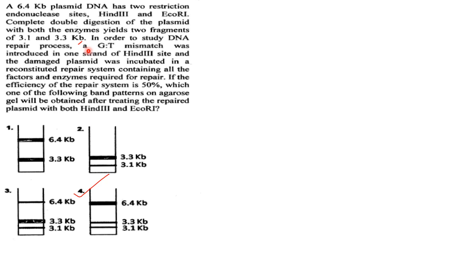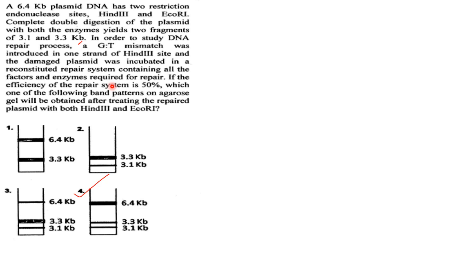And this plasmid was added to a mismatch repair system, providing all the factors and enzymes required for the repair. And the efficiency of the repair system is only 50%. So only half of the plasmid molecules will become normal with 2 functional restriction sites, and the remaining half of the plasmid will remain mutant itself.